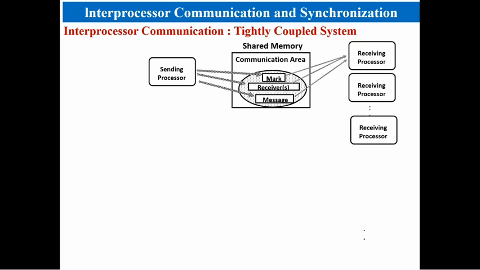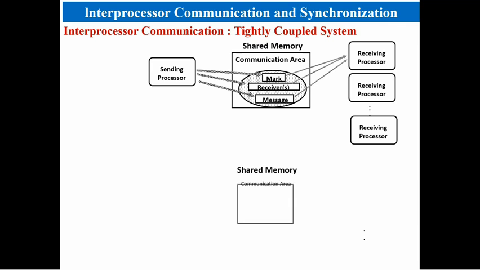There will be multiple receiving processors. Whenever a receiving processor checks the status bits, it is going to receive the message if it is intended for that particular processor. And we know that this is a time consuming process.